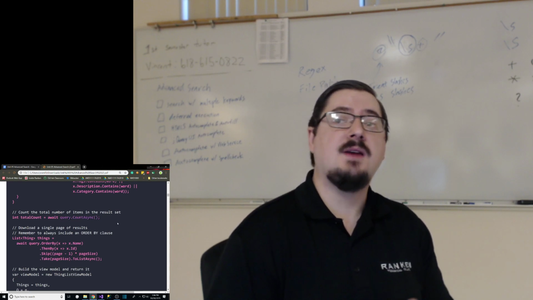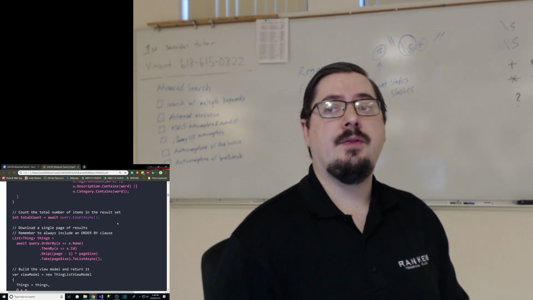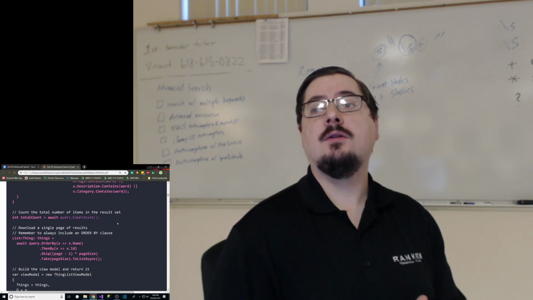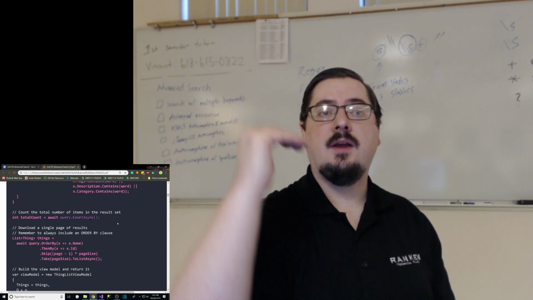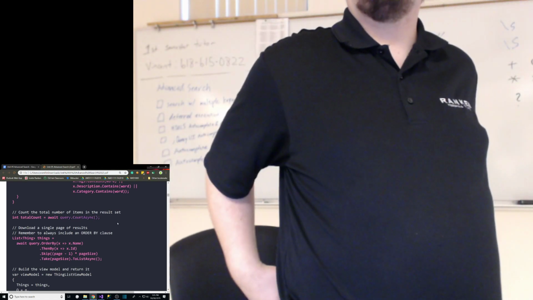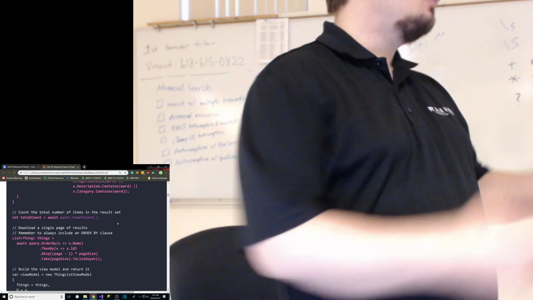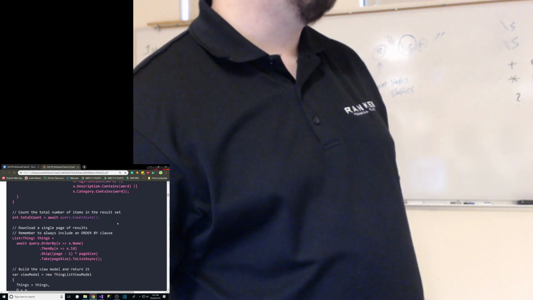Notice in this case I don't have to repeat that where clause. I don't have to write it twice. With the previous example that you saw, remember you had to write the where clause in both the count and the page query. If I structure it this way, I don't have to write that where clause twice to get the count and the page.